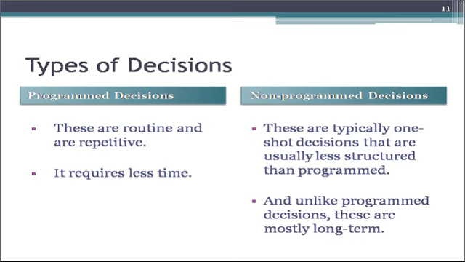Now, let us differentiate programmed decisions and non-programmed decisions. Programmed decisions are routine and repetitive. Non-programmed decisions are typically one-shot decisions that are usually less structured than programmed ones. Programmed decisions require less time to find the solution, whereas non-programmed decisions are mostly long-term decisions.